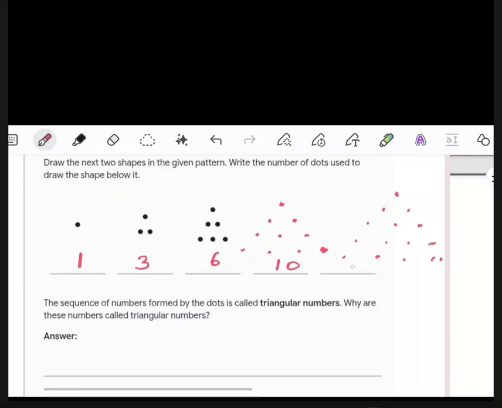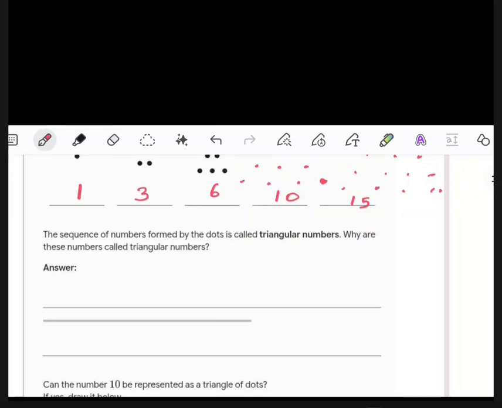So the total is 15. The sequence of numbers formed by the dots is called triangular numbers. Why are these numbers called triangular numbers? They are called triangular numbers because the dots can be arranged to form an equilateral triangle.